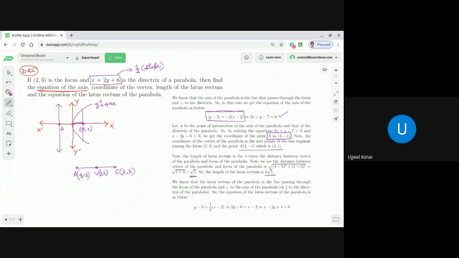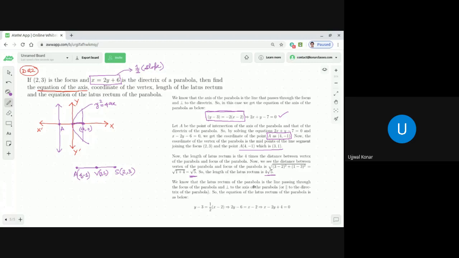So the equation of the latus rectum is passing through the point 2, 3. That is y minus 3 is equal to m into x minus 2. What is m? m is the slope, parallel to the directrix, and according to the given question, the slope of the directrix is 1 by 2. So here also it should be 1 by 2.